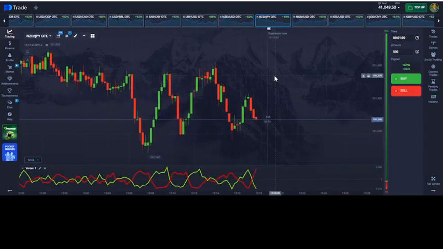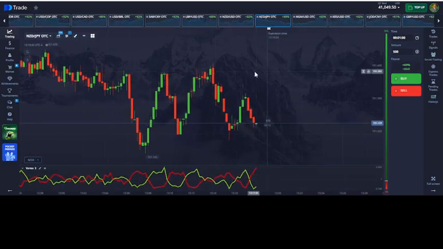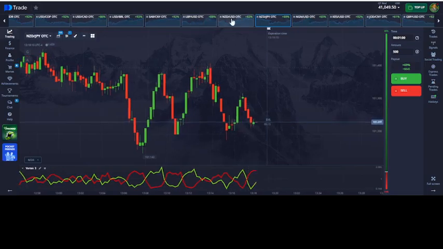I also wanted to explain good money management as I was only risking less than 1% of my balance. With this form of trading, in order to grow your account, you need to have at least a 66% win rate because the average rate of return on these options, you see some of them are 88, some are 90%.